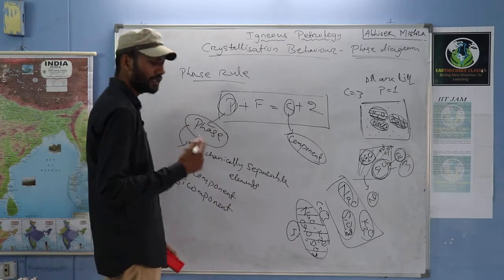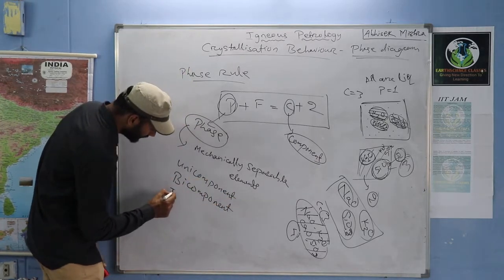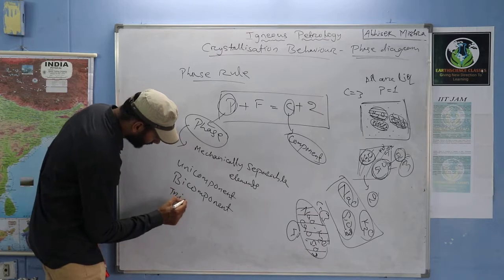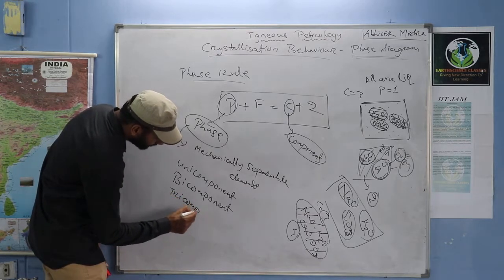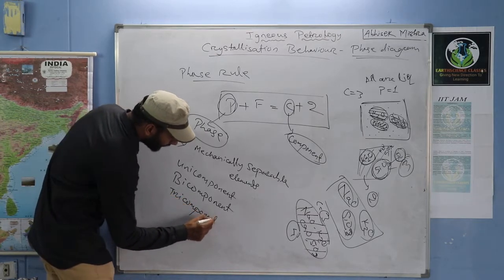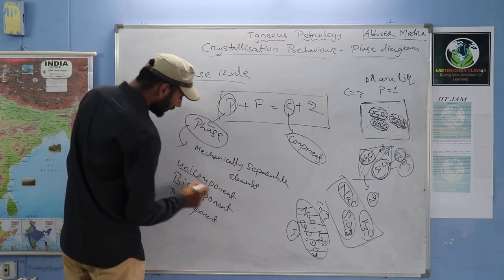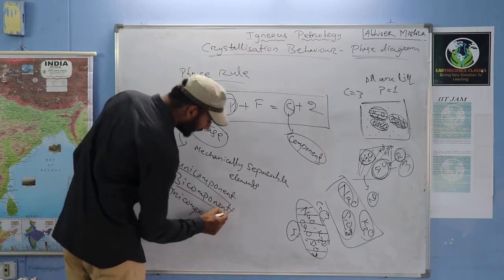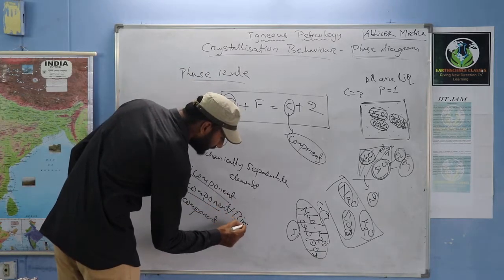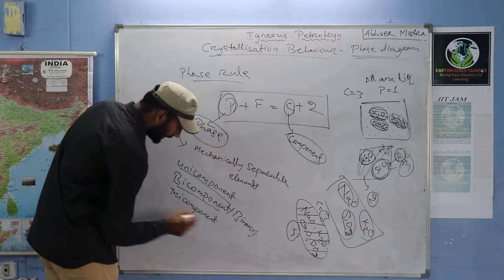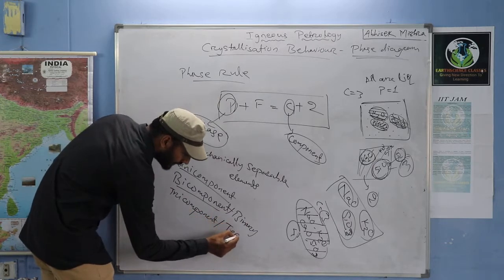If we are considering 3 components, then tricomponent. And accordingly, we are studying the phase rule. So unicomponent system, bicomponent or binary system, then tri-component or ternary system.